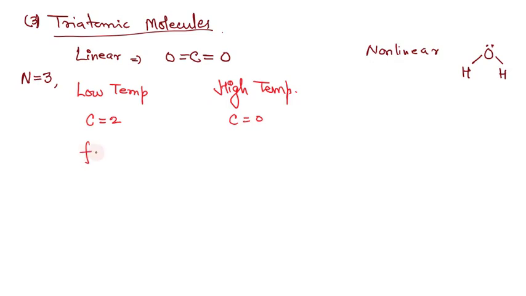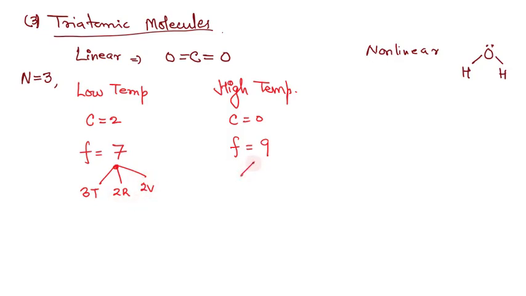The total degrees of freedom is 3n minus C, so 9 minus 2 is 7. Out of these 7 there will be 3 translational, 2 rotational and 2 vibrational. Why 2 rotational, not 3 rotational? It is a different story. I will deal with this specific topic in detail when I teach the thermodynamics video. So just for revision, there are two rotational and two vibrational.